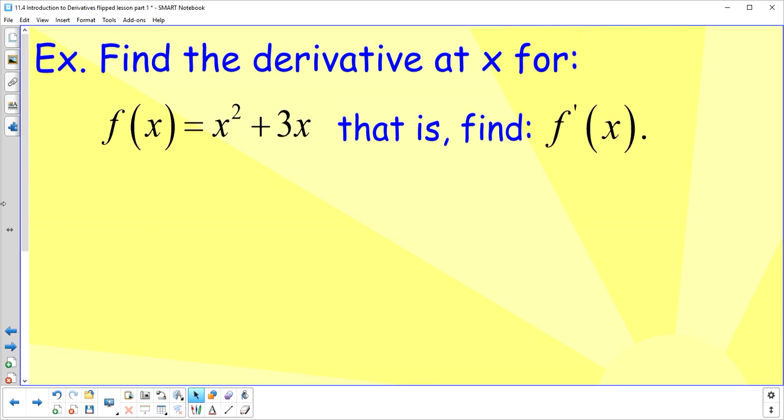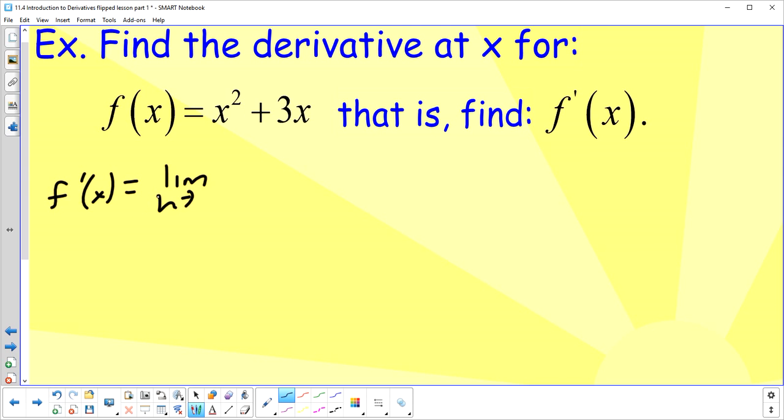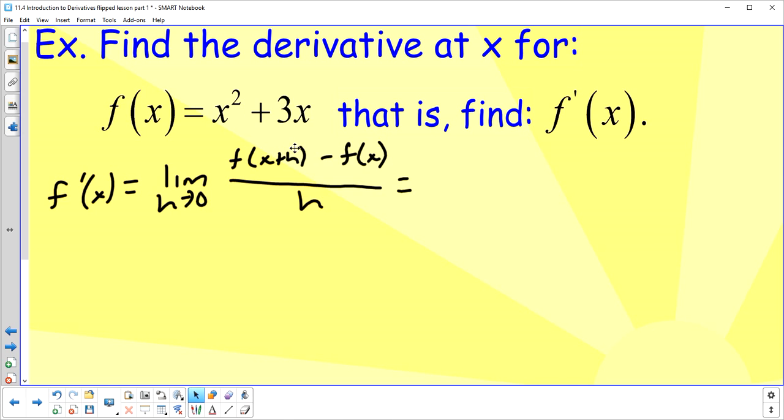What that would look like is if I have some function f of x equals x squared plus 3x, and I want to find the derivative. So if I look at my formula that we just had there, the limit as h approaches 0 of f of x plus h minus f of x, the whole thing over h. And you need to remember, we did this without the limit earlier in the year, called difference quotient. We struggle with this f of x plus h a little bit.